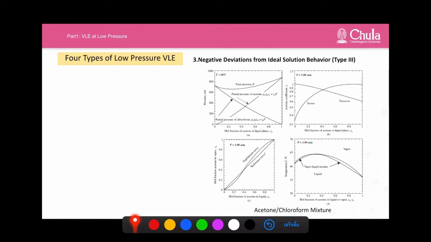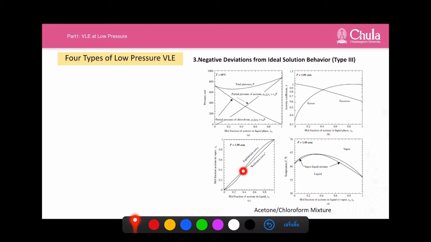But it forms an azeotrope anyway because it crosses the reference curve, and it imposes the same difficulty for separation using a distillation column, because we cannot use a distillation column to induce a new phase with different composition, right?